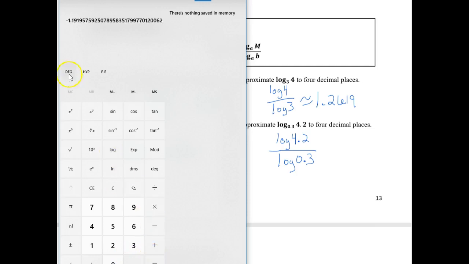And what does that equal? Negative 1.1919. But this 5 says to round this 9 up to a 10, which means I'd put a 0 and carry the 1. And now this 1 is a 2. So negative 1.192.